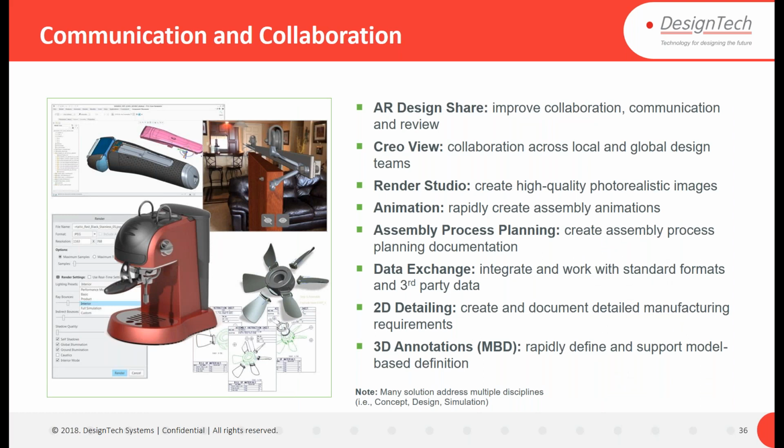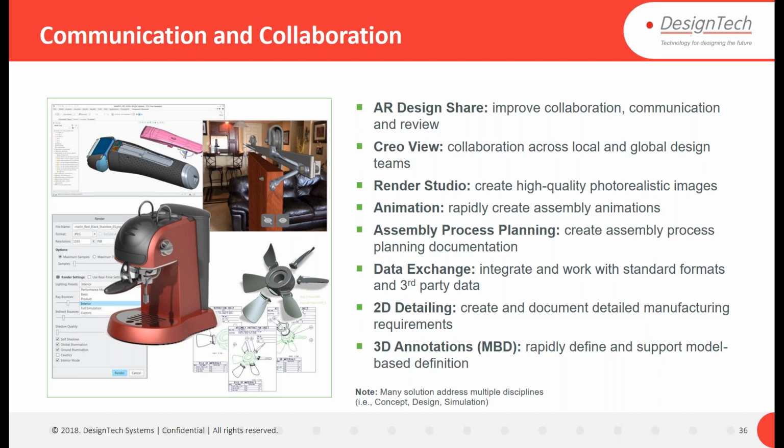When you see the list, there is Creo View, where you can install the software on your computer and open any neutral file format or Creo data, and do some kind of review on that.